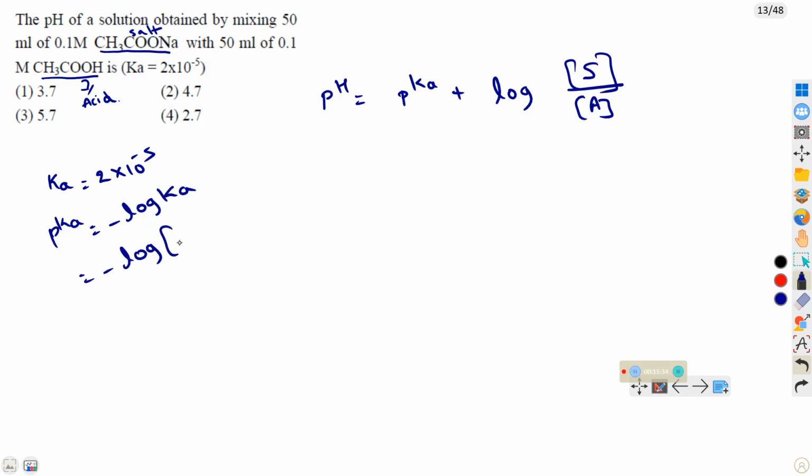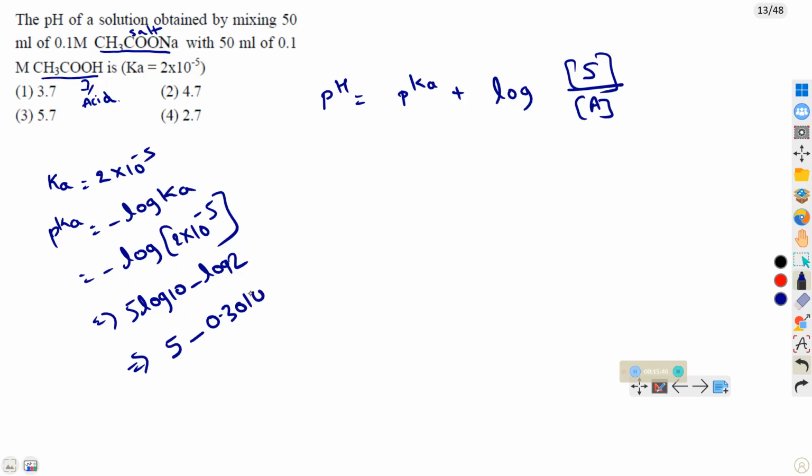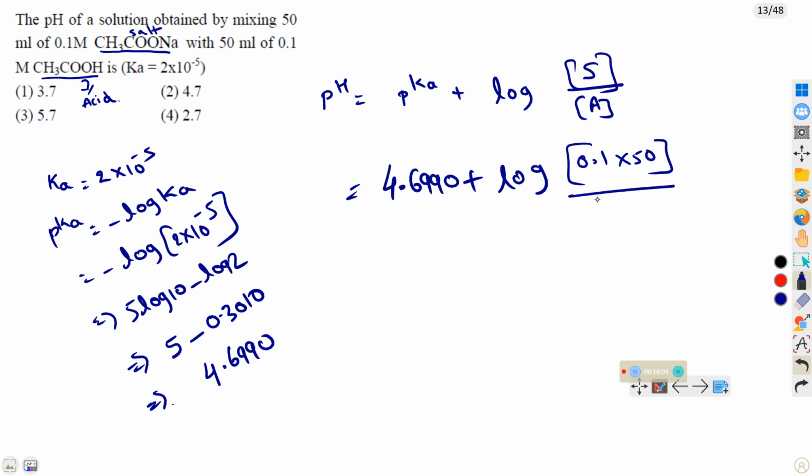Negative log of 2 into 10 power minus 5. 5 log 10 minus log 2. 5 log 10 value 5, log 2 value 0.3010. 5 minus 0.3010, 4.6990. pKa value 4.6990 plus log of salt concentration 0.1, volume is 50, 0.1 into 50 by 0.1 into 50.